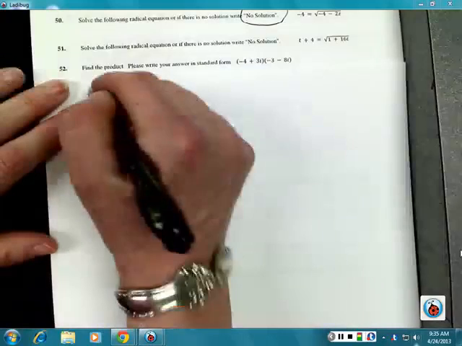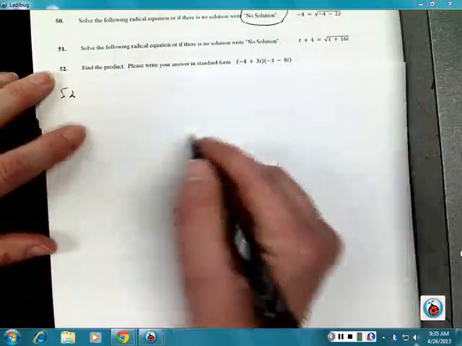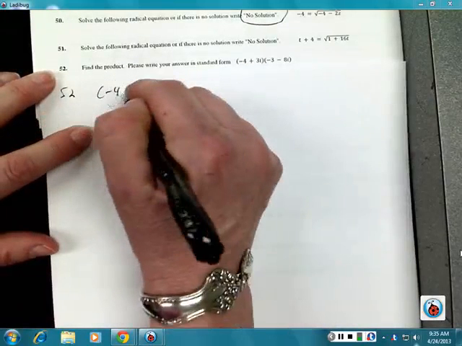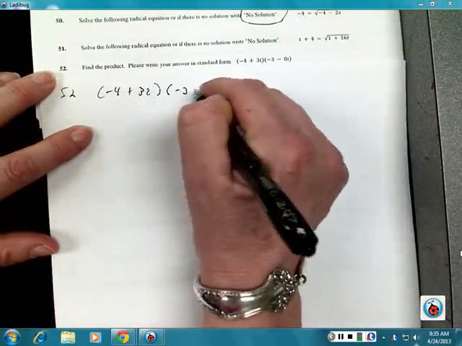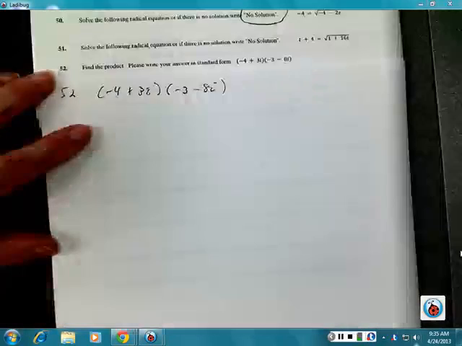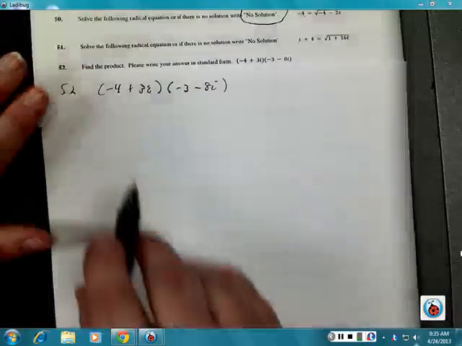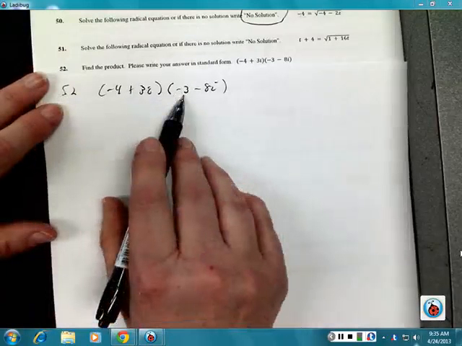And 52 is find the product of these two. So what happens if I find the product of those two? Well, I got to multiply them. So 52, negative 4 plus 3i times a negative 3 minus 8i.